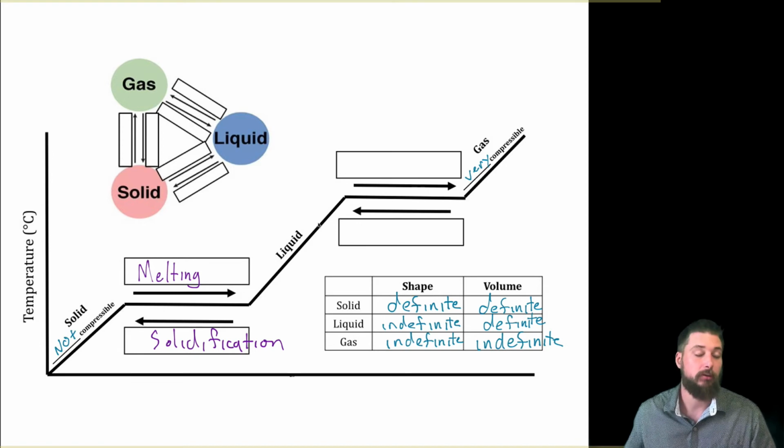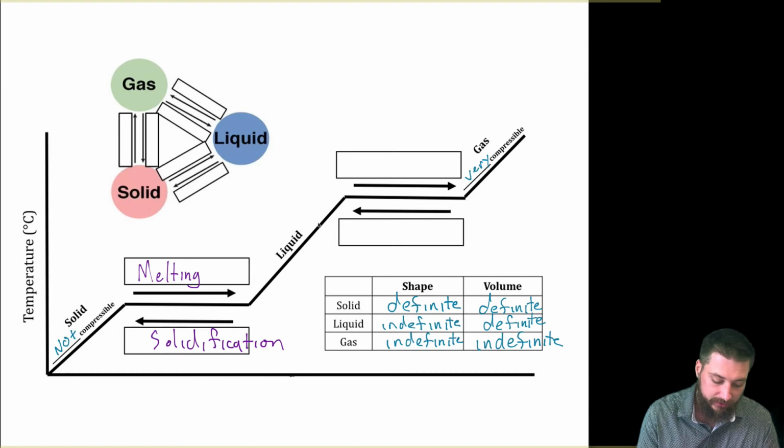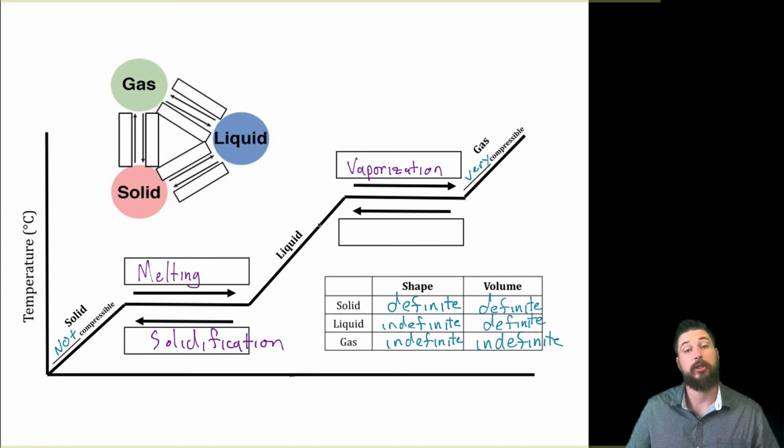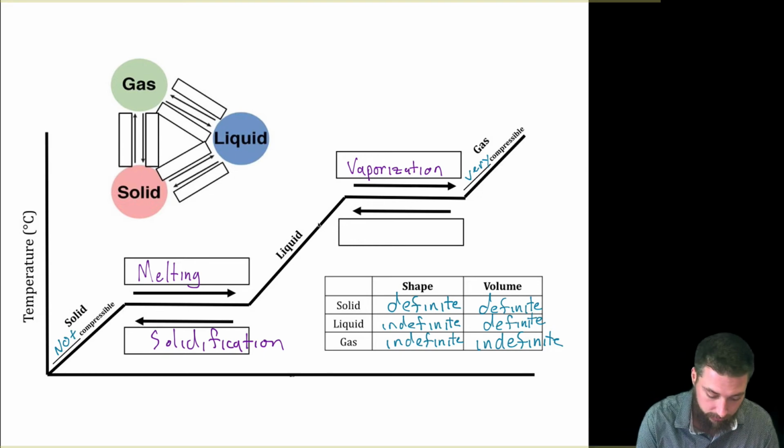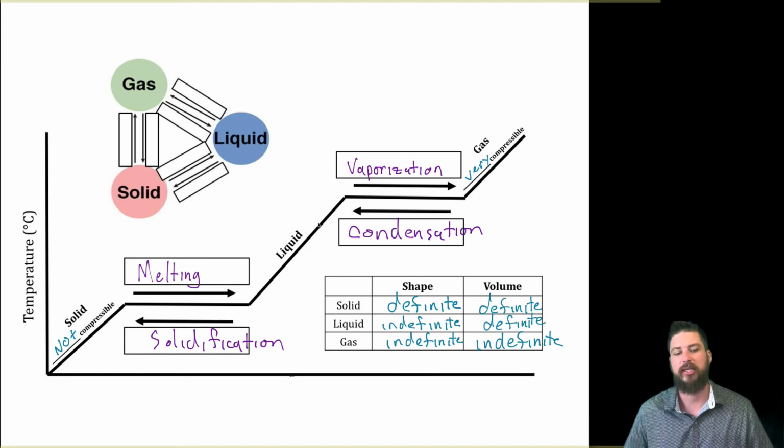Now, what about when we go from a liquid to a gas? We call that vaporization. And what about when we go from a gas to a liquid? Well, what do we call the liquid that's on our lawn in the morning, or the liquid that's on our mirror after a shower? We call that condensation. And so that's the different terms we use when we go between states of matter.